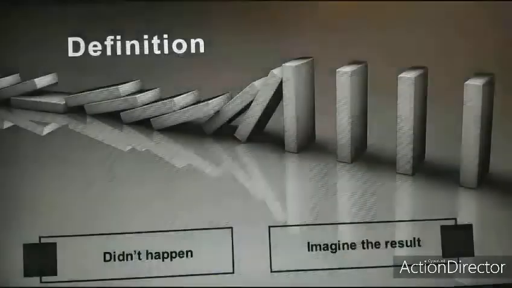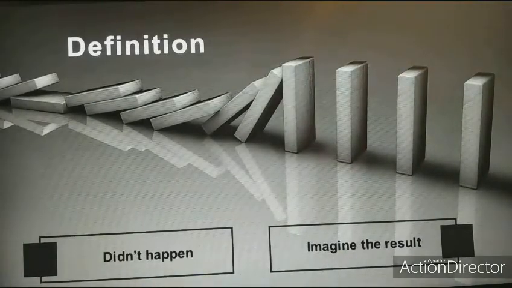Third conditional. A third conditional is the one that we're going to use when we want to talk about a situation that didn't happen in the past and we want to imagine the possible result of that situation. So, like any conditional, it has a two-part sentence.